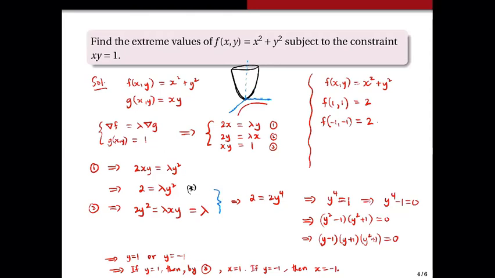Okay. When you project this guy here onto this graph here, what you will get is the following. So you will have this. It will trace also a part of that hyperbola.